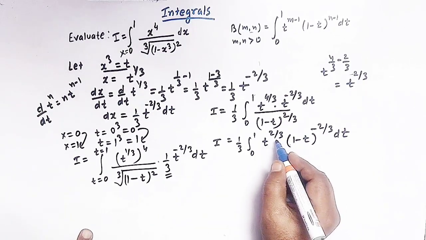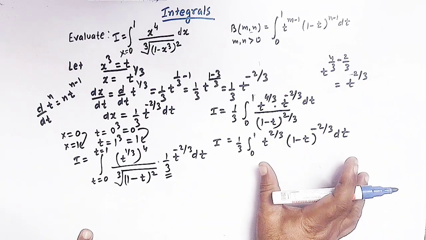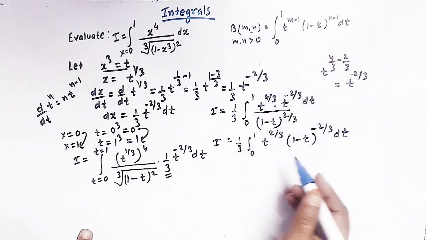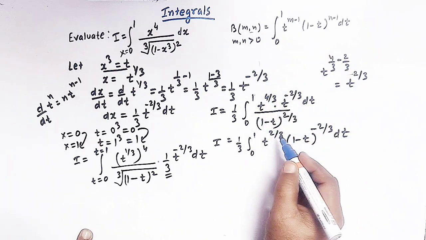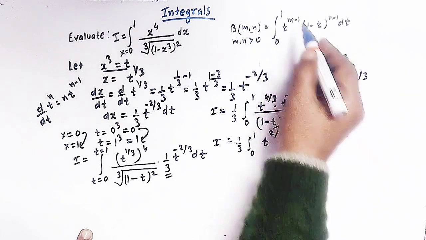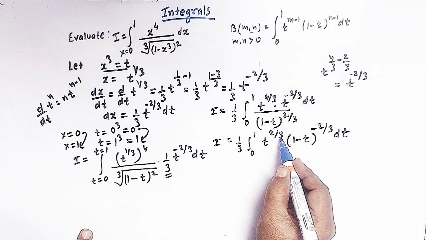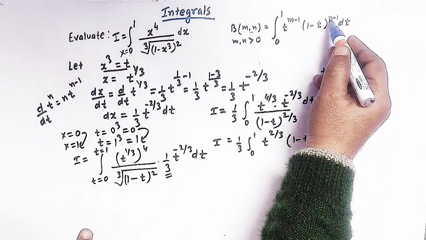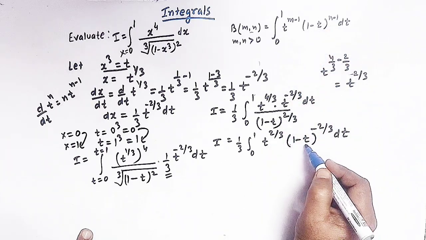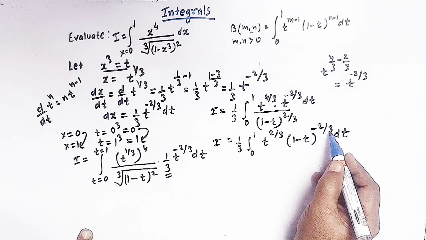So now what we have to do, if we see this integral and this integral, then we can easily conclude that here we have m minus 1, and here we have 2 over 3, and here we have 1 minus t raised to n minus 1, and here we have 1 minus t raised to minus 2 over 3.